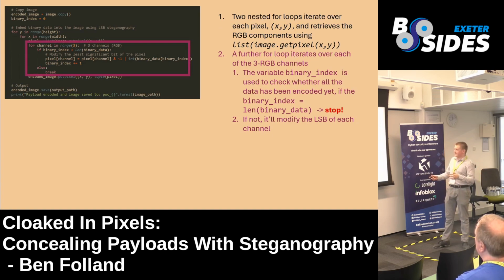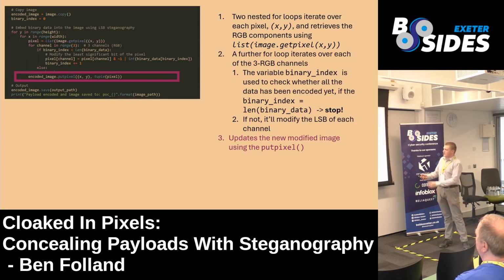We modify the least significant bit to be whatever our secret message is, and we've got this binary index. This basically tells us each time we encode a bit, it counts up, and there's a check to see if we've basically encoded all the data. If we have, the for loop will stop. If we haven't, it will update the least significant bit to what it should be. We then use the .putPixel function to update this on our new image, and then we save this.